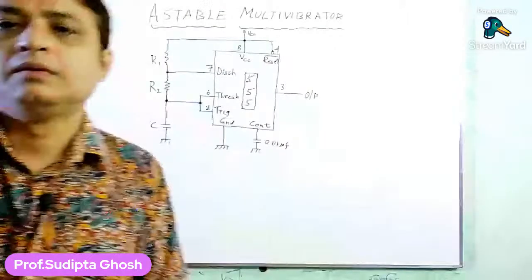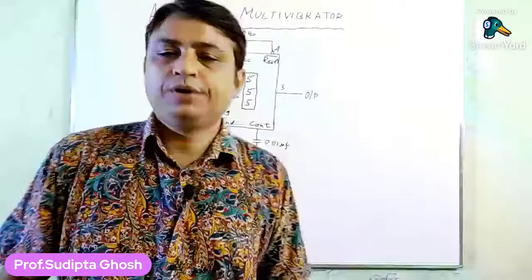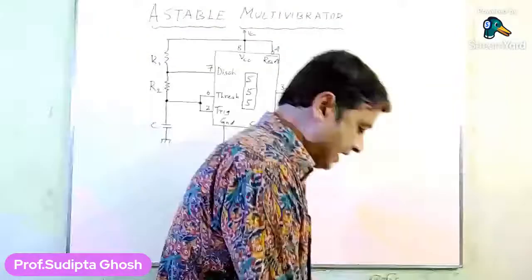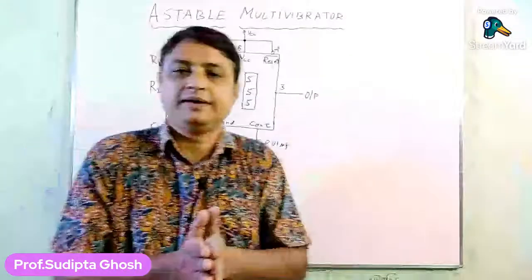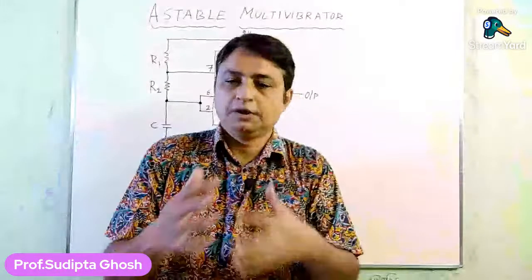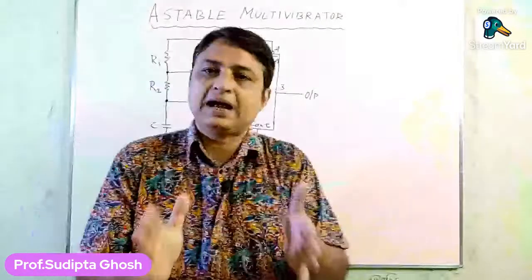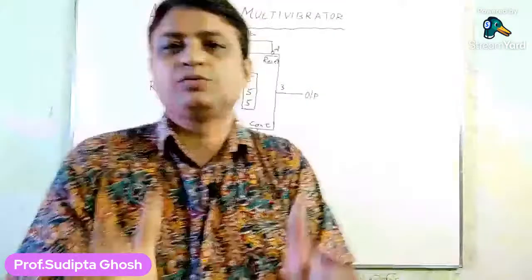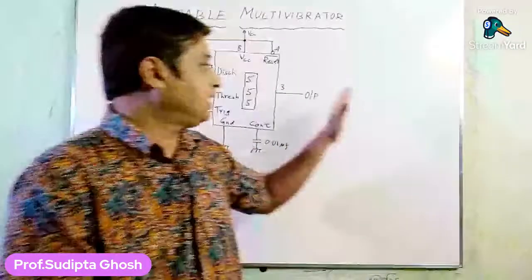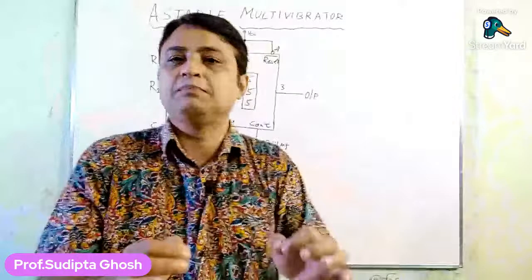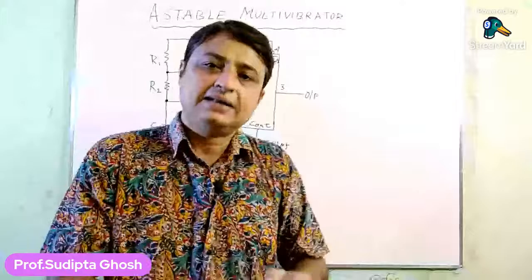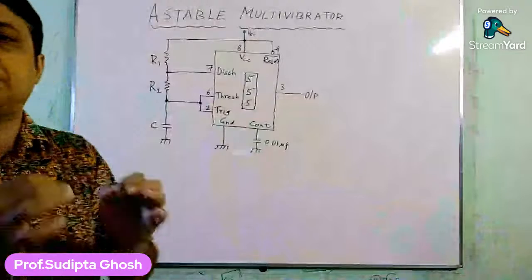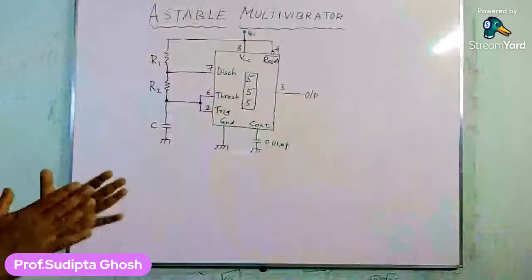Fine. So now at this particular point, repeating again what we have explained: initially when the circuit is switched on, the output of the 555 timer goes high, and that will make the discharge pin, that is pin number 7, isolated from ground.